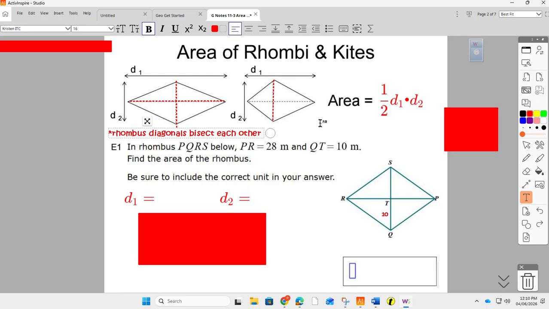I don't think they give you any where you have to remember that. But the shorter diagonal in the kite is also bisected by the longer diagonal. I think we're just working with the rhombus bisectors. All right, questions so far? If you didn't write this down, make sure you did, and including the word rhombus in there.